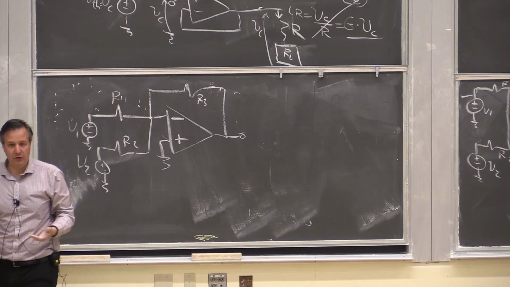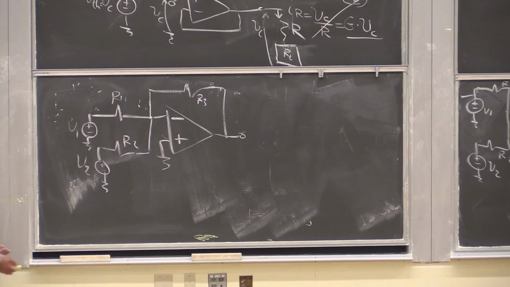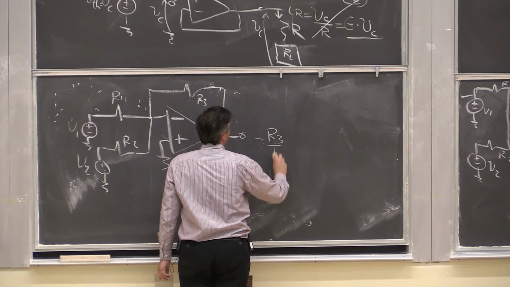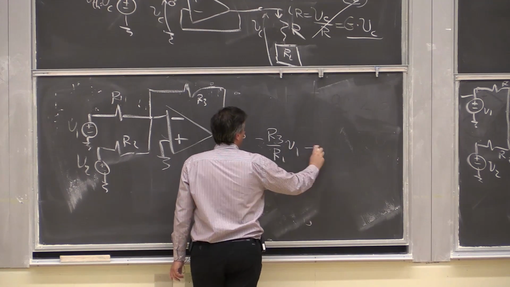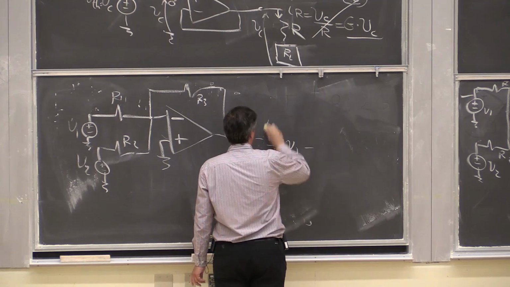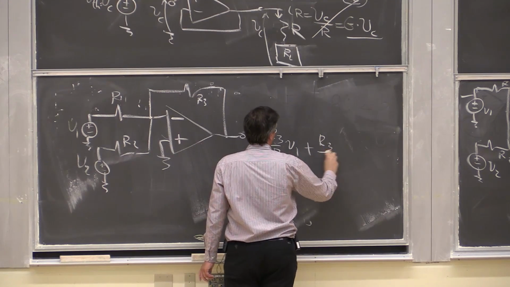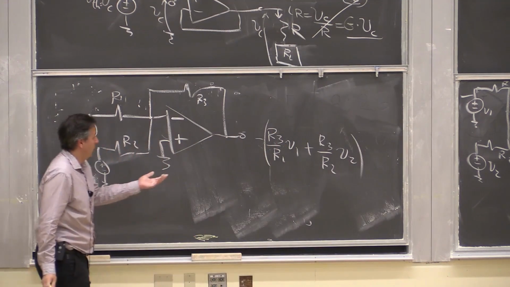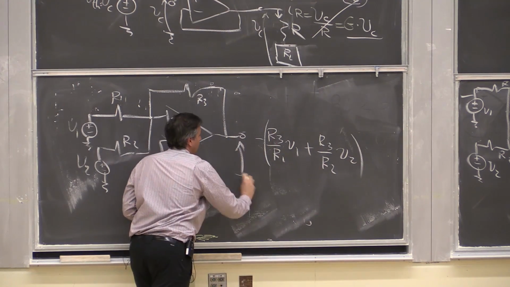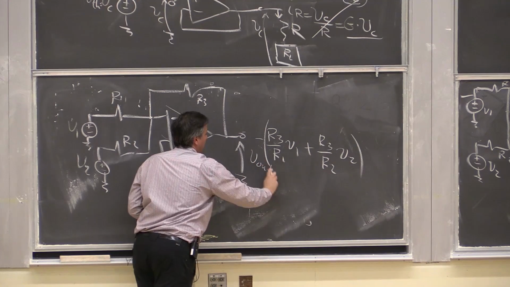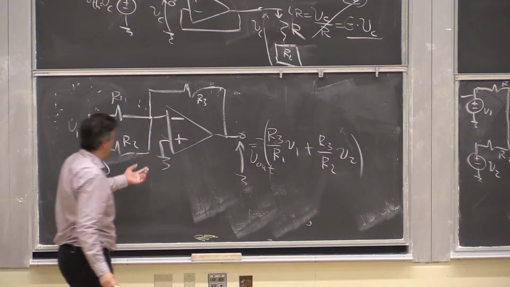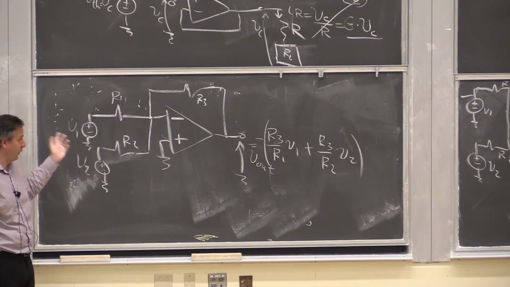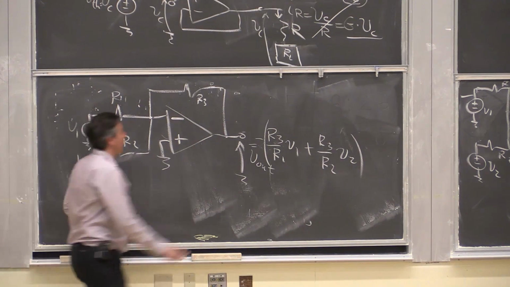So the output will be minus R3 over R1 V1 minus, or plus, R3 over R2 V2. So that's the output voltage. You can also do this by superposition, like we did a few lectures ago. But this is an inverting sum.